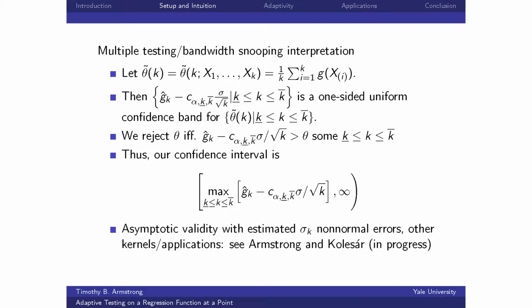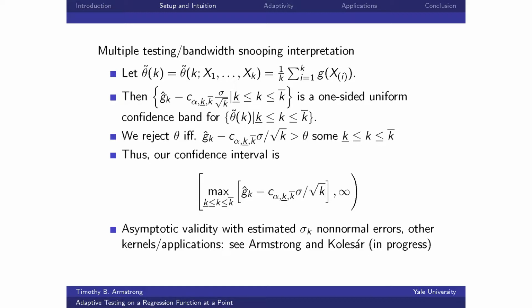Okay, so I think this has a nice interpretation in terms of what I'll call bandwidth snooping, but I'm also open to suggestions for what to call it. One point of view on conditional mean estimation is that you can't really estimate the conditional mean. All you can estimate is what you're unbiased for.